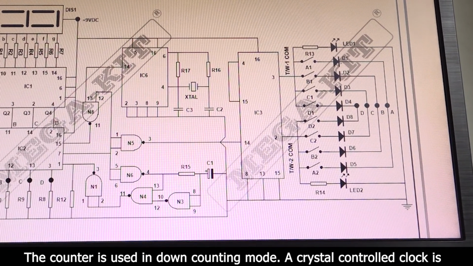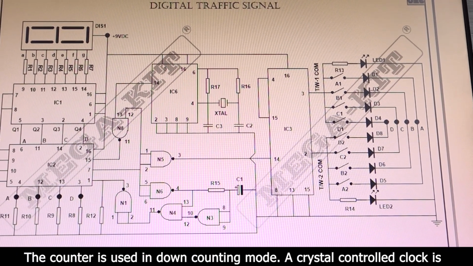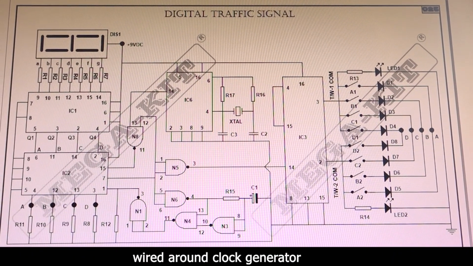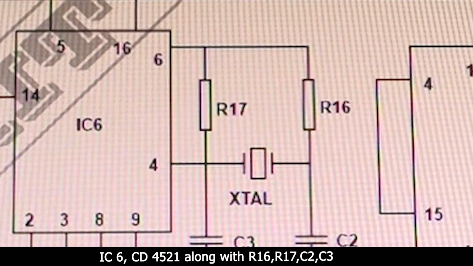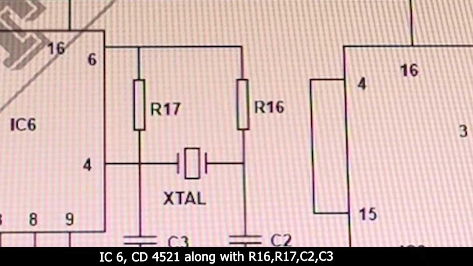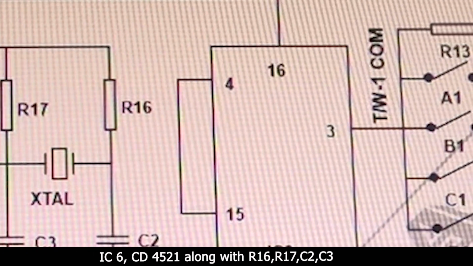The counter is used in down counting mode. A crystal control clock is wired around clock generator IC6 CD4521 along with R16, R17, C2, C3.